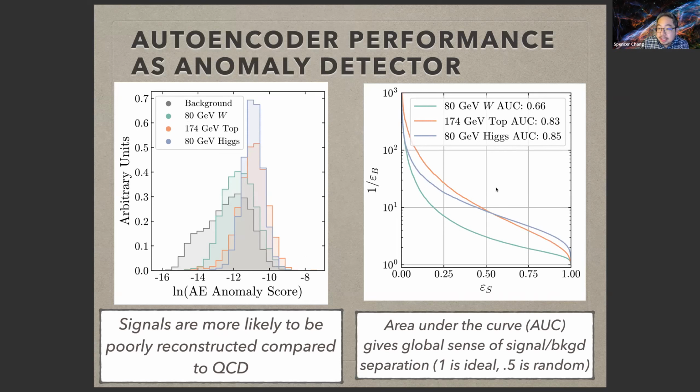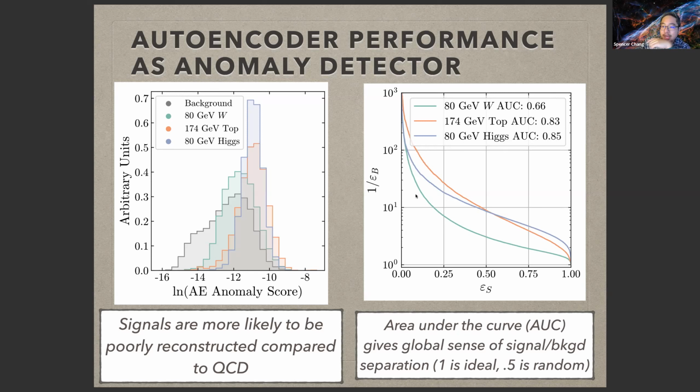So here, as I vary the cut for reconstruction error for the ADGVW, I get this kind of plot, this trade-off between signal efficiency and the background rejection, so 1 over the background efficiency. And if you want a very good anomaly detector for any of these signals, they should be to the upper right, because you want a high signal efficiency with a high background rejection.